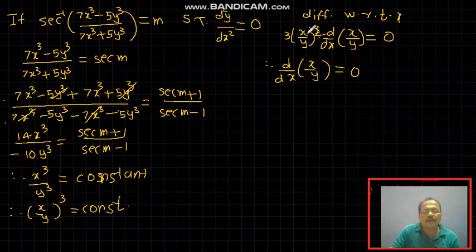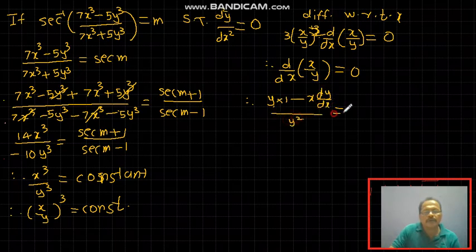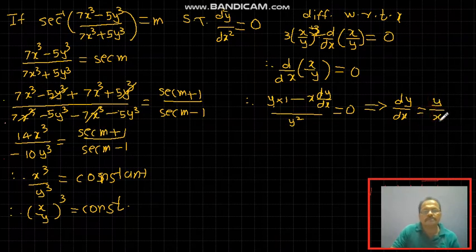I am dividing both sides by this term 3 into x by y bracket square, and therefore now here using u by v rule, y into 1 minus x into dy by dx upon y square is equal to 0. This gives us dy by dx is equal to y upon x.